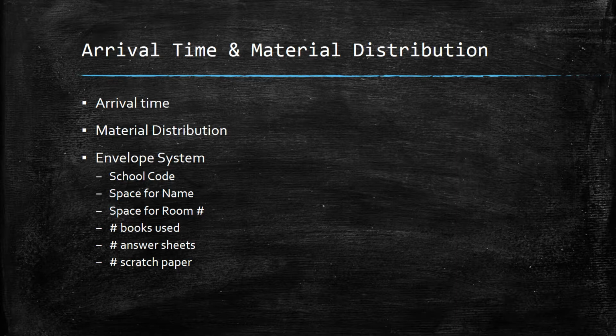You'll also want to make sure that they put their name and room number on the envelope and indicate the number of books that they actually used, how many answer sheets they have collected, and how many sheets of scratch paper they have collected. This will make it easier for you in the end to record on the 601 the total number of books used, the total number of answer sheets and all that when you return all that material to the MEPS.